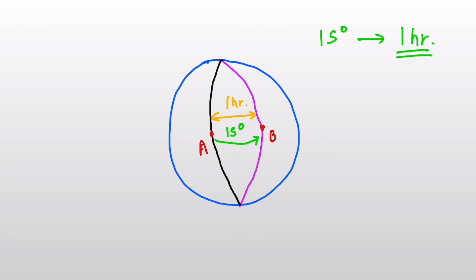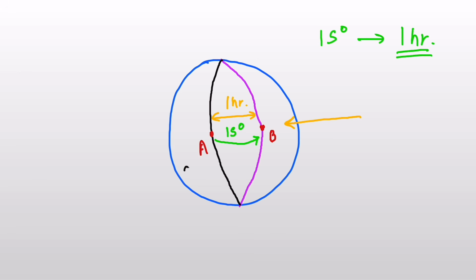Now using the other concept of which place is ahead in time. We all know that the sun rises from the east. What this tells us is that the sun was overhead B before it came to A. That means the day at place B started before the day started at place A, which further means that place B is ahead in time.